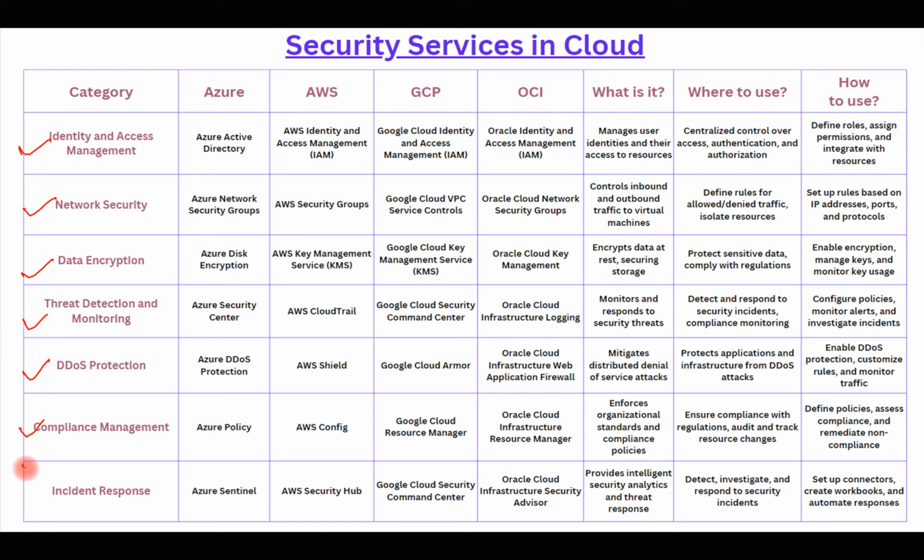We have also covered whatever services we needed, what exactly these verticals or services do, where to use the service and how to use it. Whatever we have discussed in this video, I have defined in a single picture. You can take a screenshot or check the description where I have mentioned a link from where you can get it.